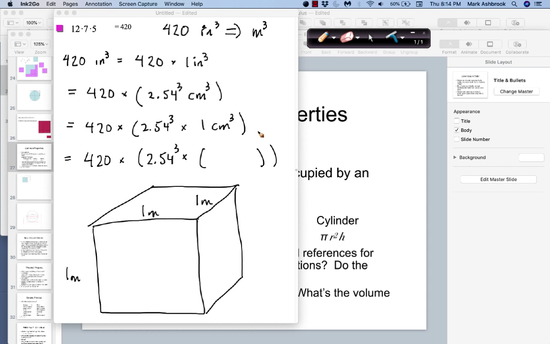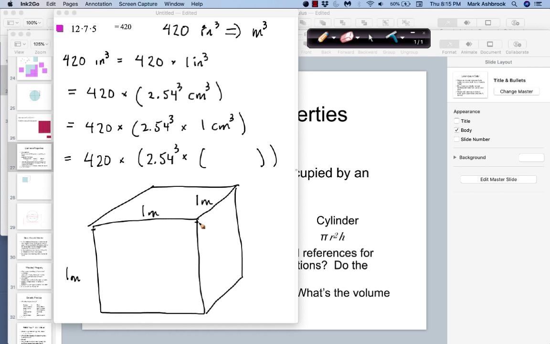And what's a centimeter? 1 centimeter is 1/100th of a meter. So from there to there, it may be a centimeter, if 100 of those fill up 1 meter.